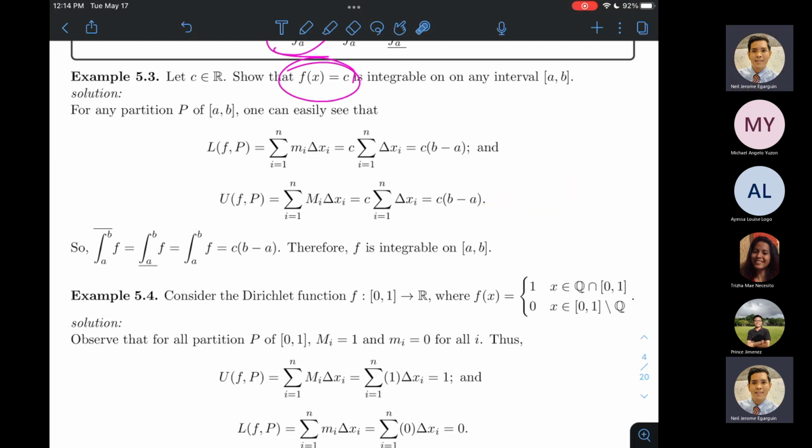Okay? And similarly, ganun din yung nangyari sa lower Riemann sum. Actually, c times b minus a is the lower Riemann integral of f. And since they do have the same value, then integrable yung constant function sa kahit ano pang closed interval with the value of the Riemann integral being equal to c times b minus a. Okay? Is that good?